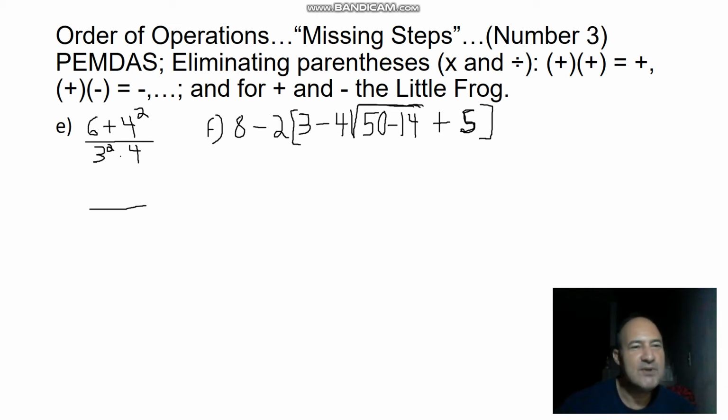But what are we going to do first according to PEMDAS? If we have 6 plus 4 raised to the second power, go directly to the problem. So first we need to keep everything, the number 6 plus, and then the first step is solving the exponent, because we have an exponent and we don't have a parenthesis in the numerator.